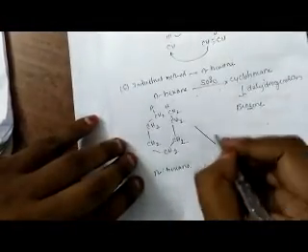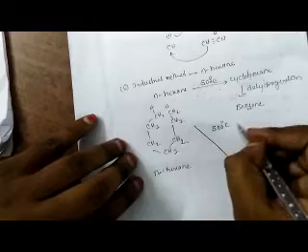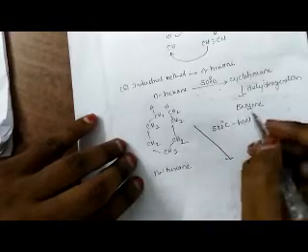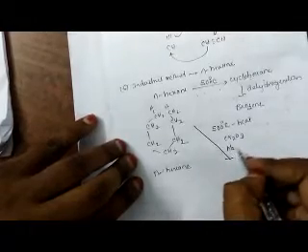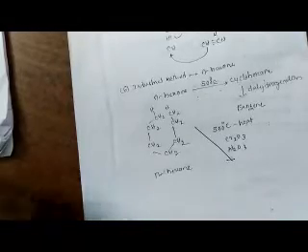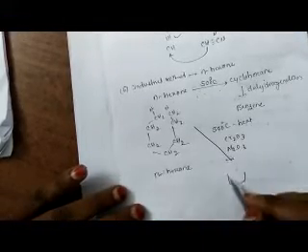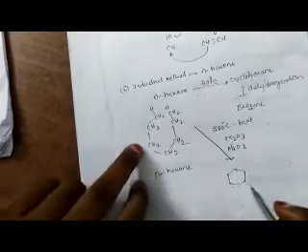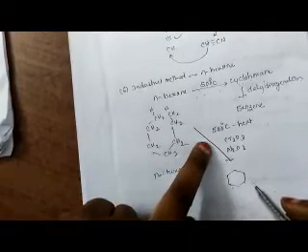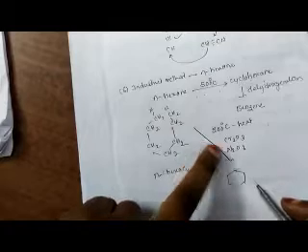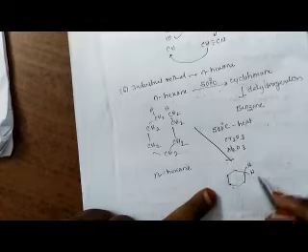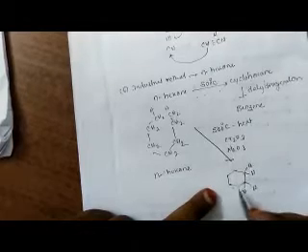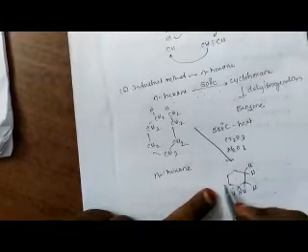Whenever you heat this N-hexane at 500 degrees centigrade in presence of the catalysts chromium oxide and aluminum trioxide, we will get cyclohexane. All these carbons are saturated carbons.